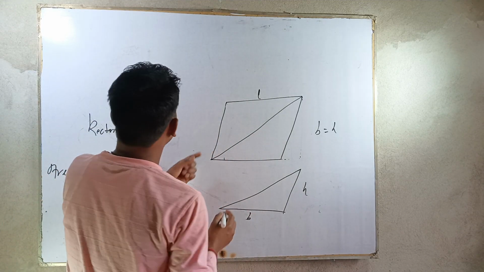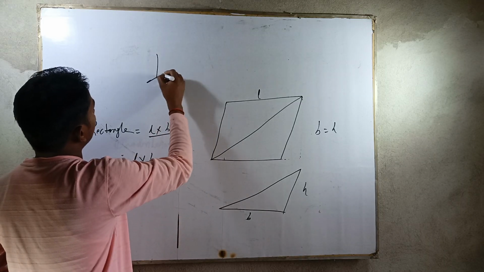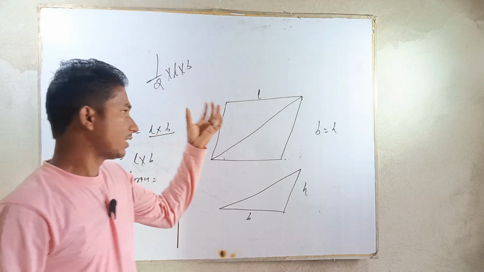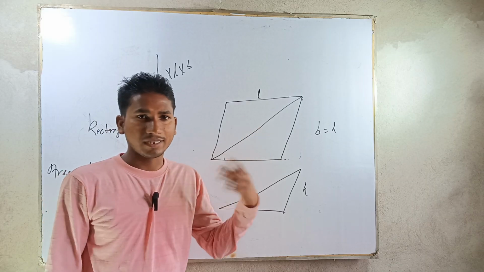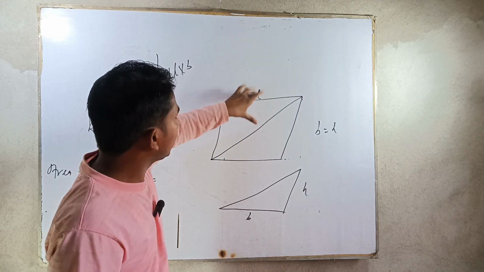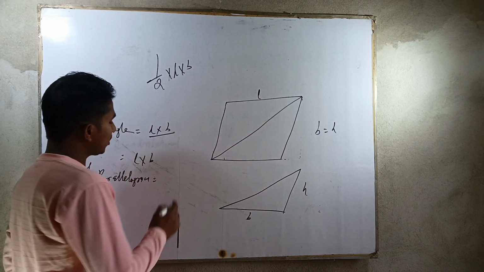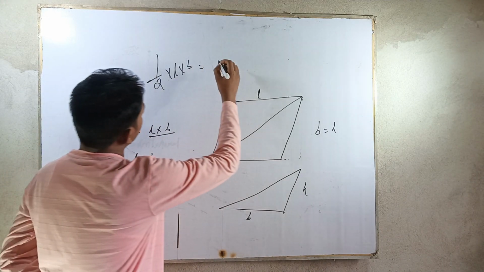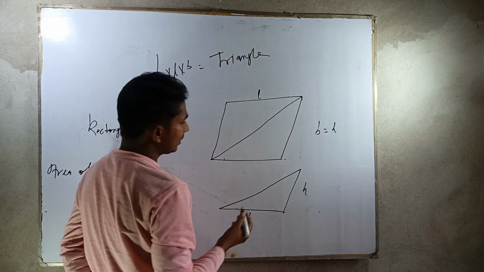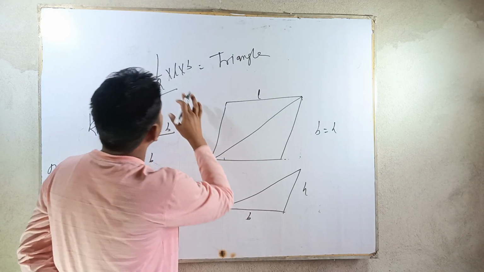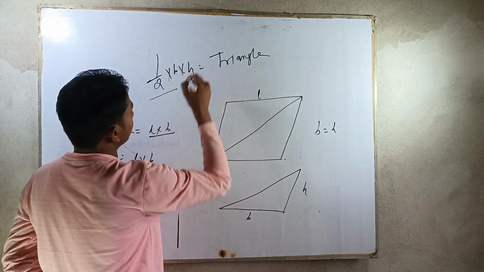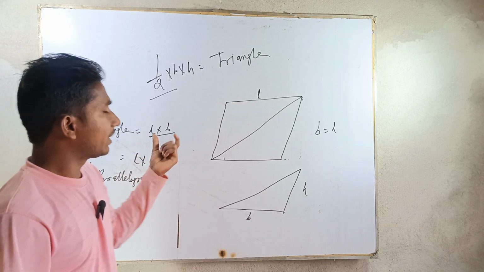So what I see is that if I divide 1 by 2 into L into B, if I divide a quadrilateral, either a parallelogram or a rectangle, by 2, then it is also the area of a triangle. If L is replaced by B and B is replaced with H, then this is the area of a rectangle.